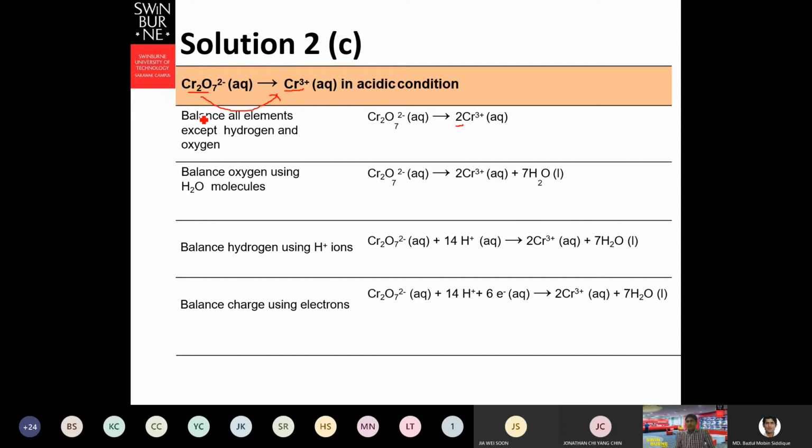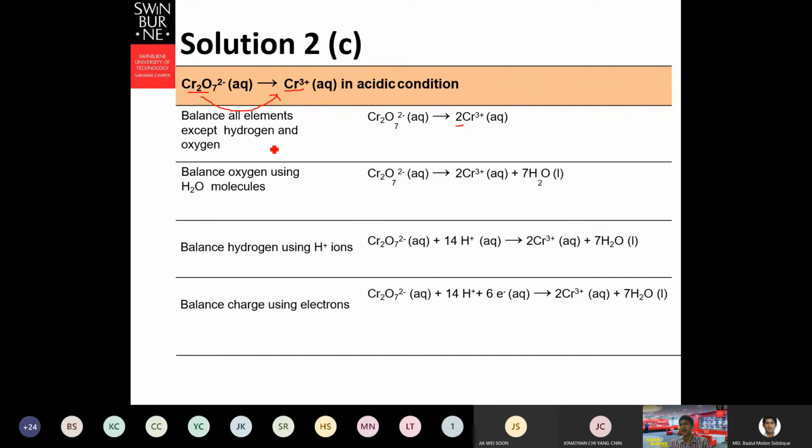Okay, so since there are 2 atoms of chromium on the left side and 1 chromium atom on the right side, I have to balance this out, and I just multiply by 2, and it is producing 2 chromium ions.